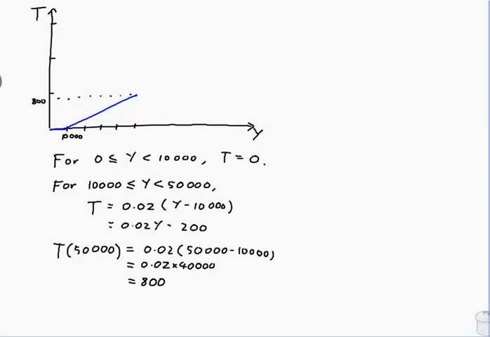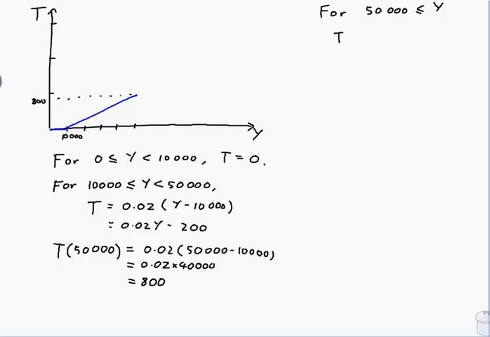The next part says 4% tax on income above 50,000. So for 50,000 ≤ Y, and we don't know where it goes to yet, it's 4% tax.